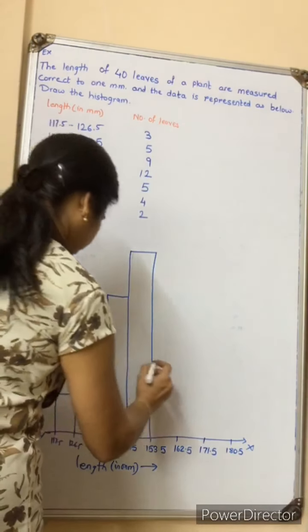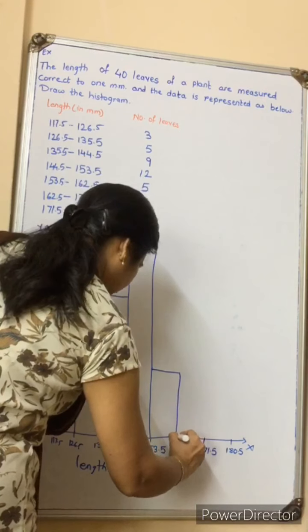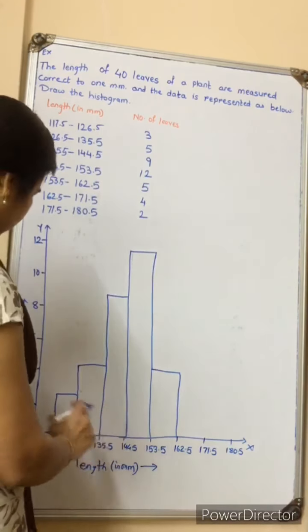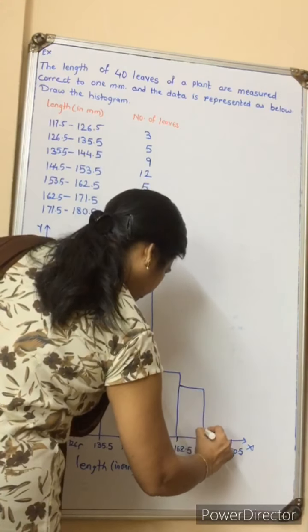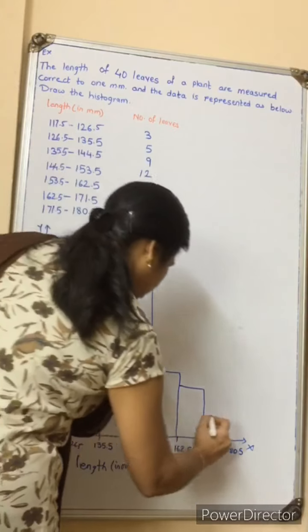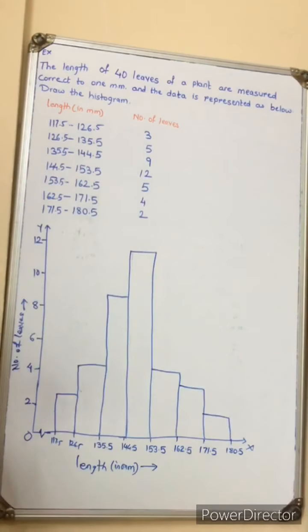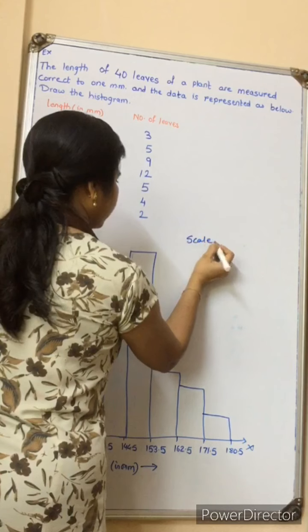If the class width is the same, then the widths of the bars are also the same. The last one is 2. So in this way you can draw the histogram. One thing you must not forget here is the scale.